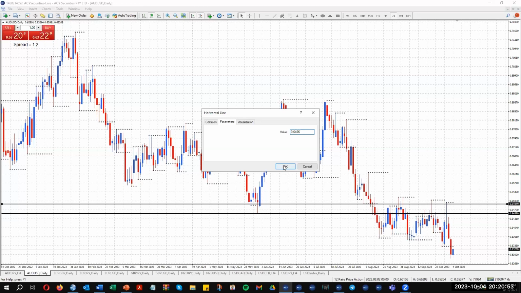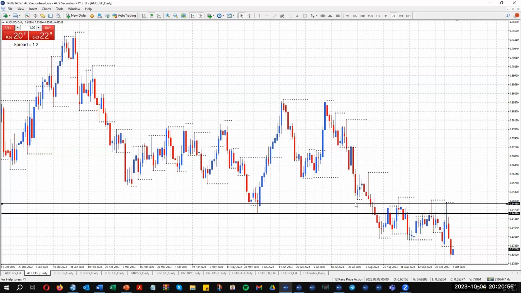You could say, why are you using that level rather than this level? Because predominantly, this area here did trade into this level, but over here, we weren't trading into that level. So we're really rejecting this level here. That's why I'm using that level.